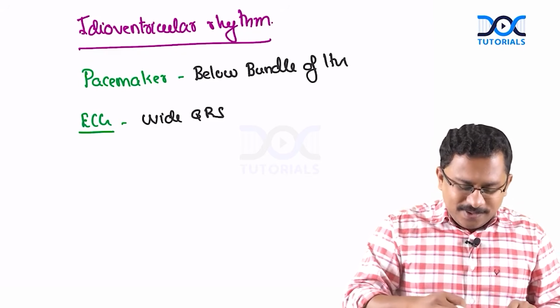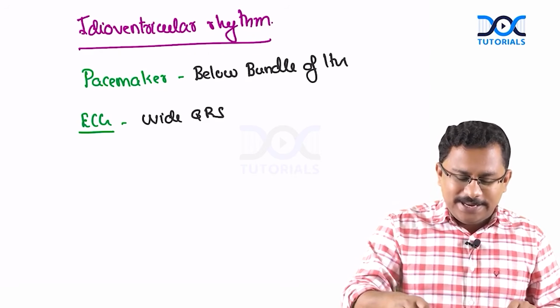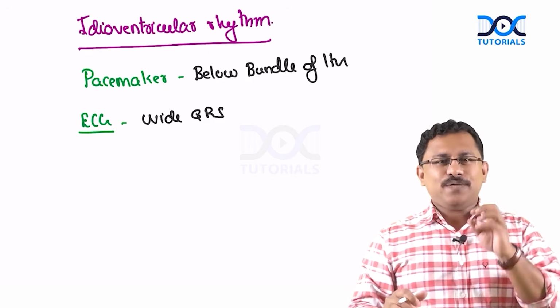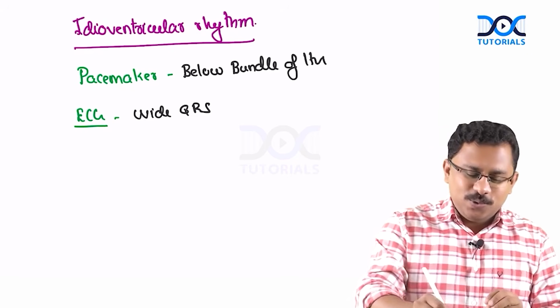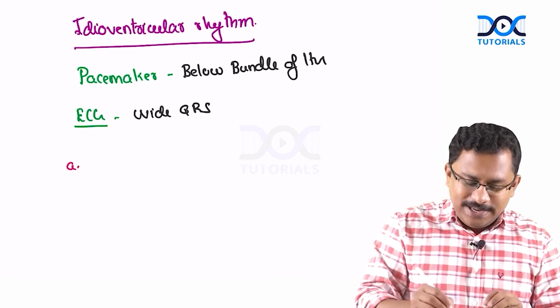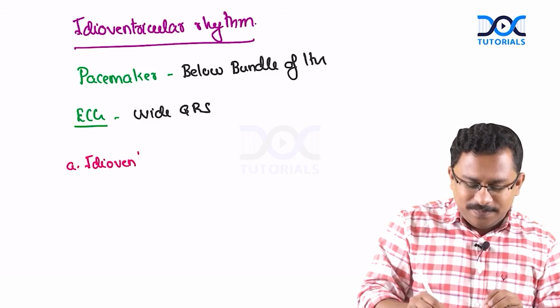So let's just have a look at the ECG. Before that, let me tell you that even in idioventricular rhythm, you can further subdivide this into three rhythms. One is idioventricular escape rhythm.